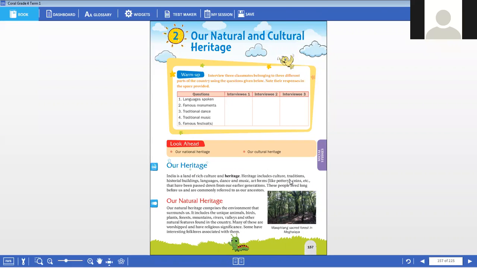Buildings. Languages. Art forms. Pottery. Early generations.